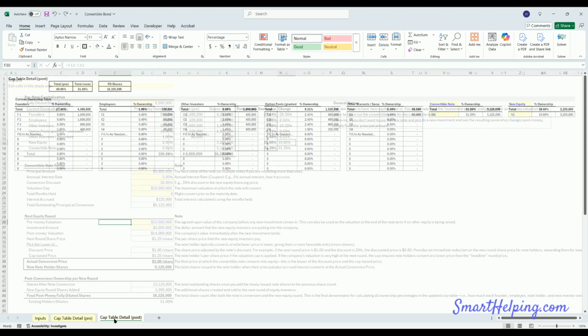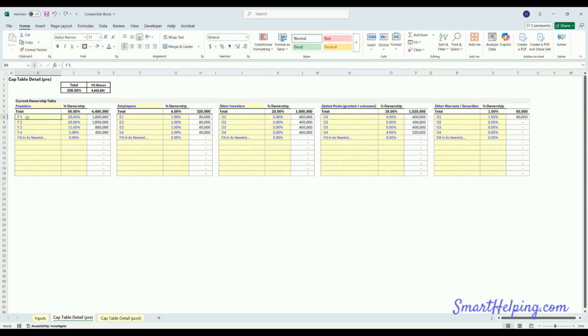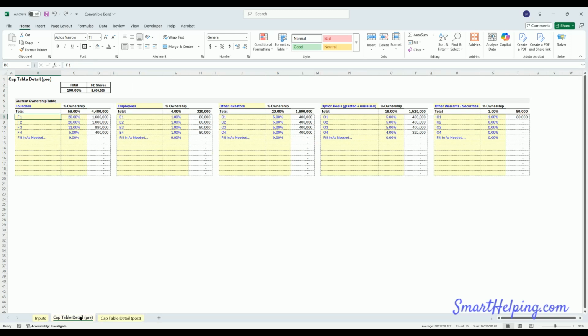So shares are the same, but the percentage ownership is different here. You can see F1 founder went from 20% down to 9.8 in this case. Here's the new fully diluted share count. The pre percentages, the new percentages, is the new equity and convertible bond. These two, which you don't see on the pre.